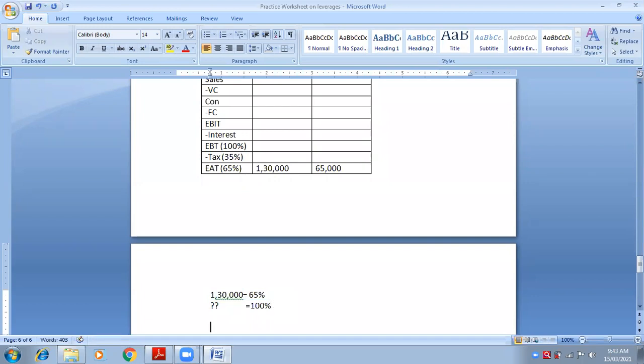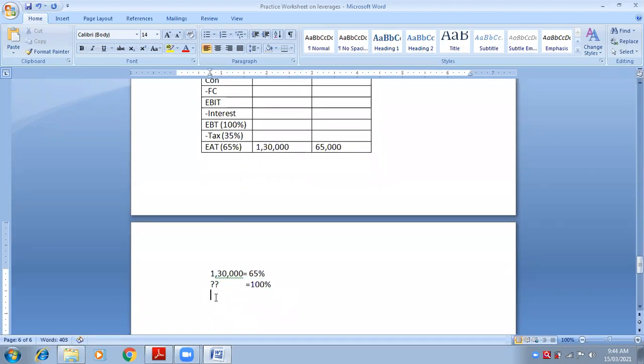How will you cross multiply? 1,30,000 into 100 divided by 65. So what is the answer, Anu? Ma'am, 2 lakh. Okay, 2 lakhs.